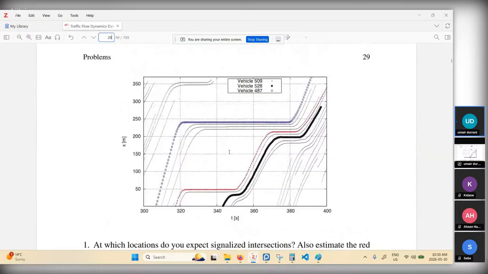So what is possibly happening is that there are vehicles that entered this second lane from either lane number 1 or lane number 3, because this is a 4-lane road. So from lane 1 or 3, they entered lane 2.